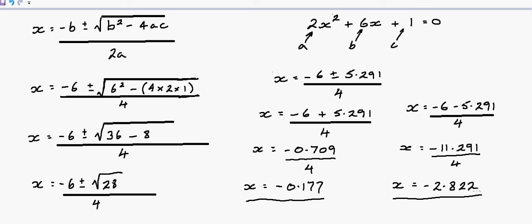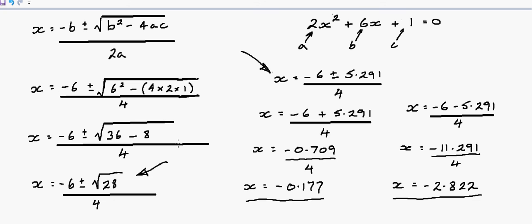So usually when you're completing the square, it's going to be on a calculator paper. So when you get to this point here, your calculator kicks in. In actual fact, your calculator kicks in here because inevitably you'll have to find the root of a number that isn't a nice square number.